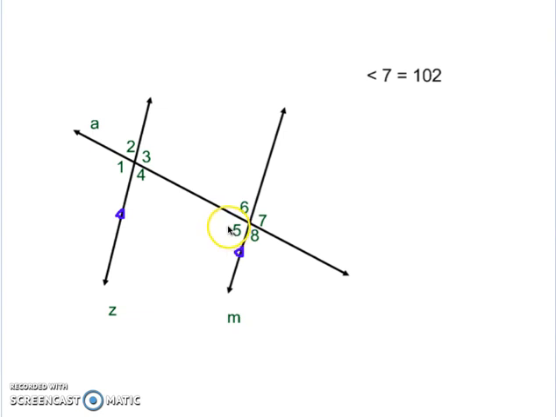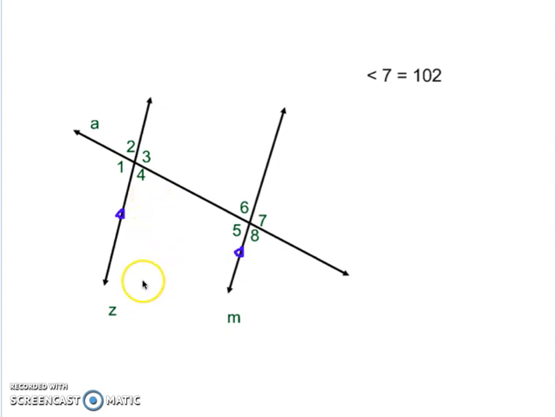From there, I can look at same side interior angles. So if angle 5 is 102 degrees, then I know that angle 4 is on the same side of the transversal and inside the parallel lines. So it must be supplementary.